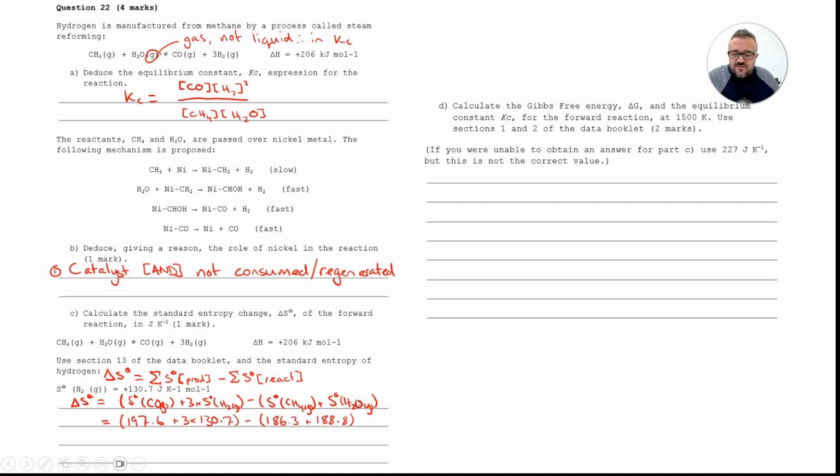And then we just substitute in our answers. Just like this, it comes to 214.6 joules per Kelvin. I would probably make that 215, to be honest, given that we have 3 significant figures up there.